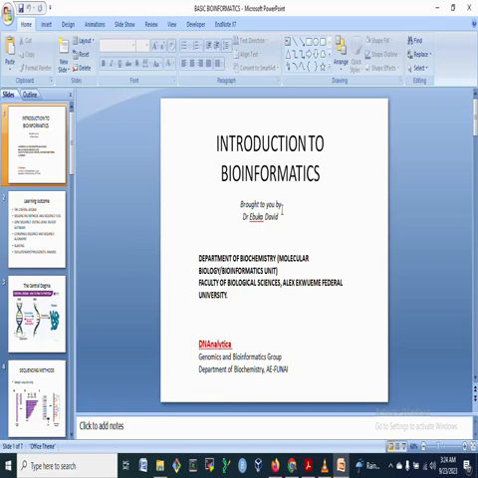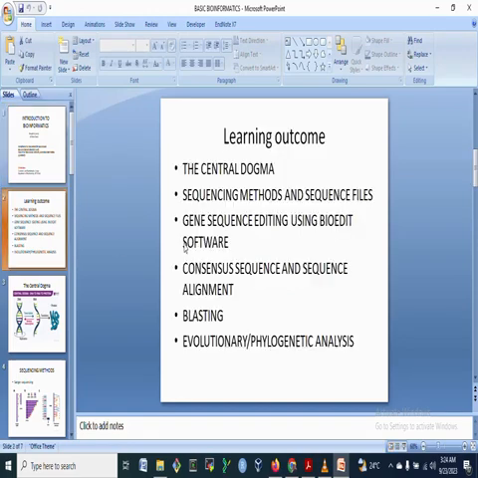To do that, you need to understand what central dogma is. And then we go to sequencing methods and certain sequence files. Then we look at gene sequence editing.